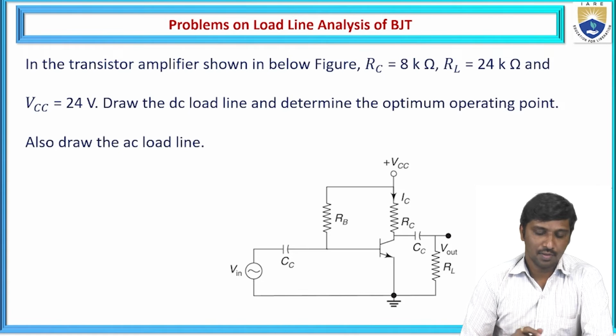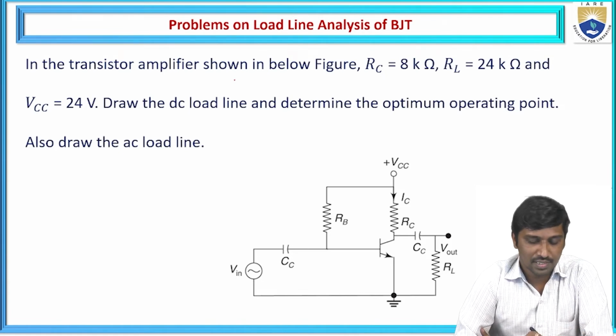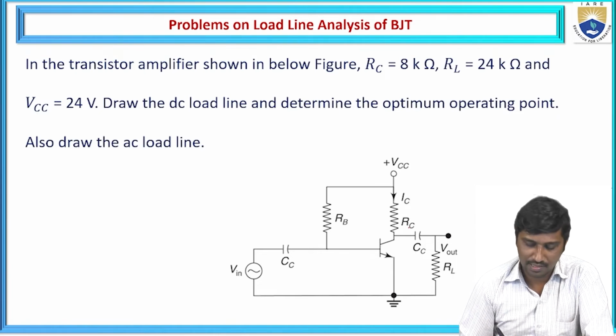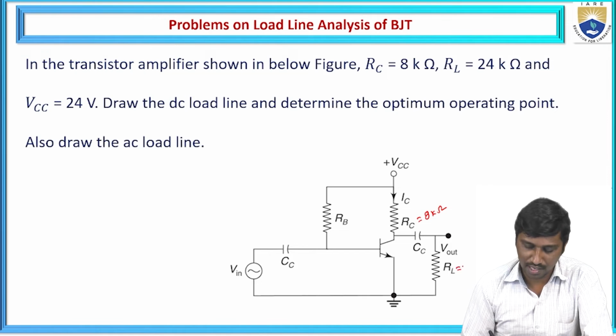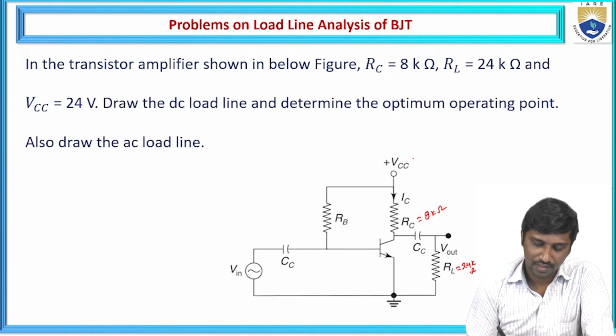Now see another problem. In the transistor amplifier shown in the figure, let RC be 8 kilo ohms, so this is RC, the collector resistance. The load resistance is 24 kilo ohms, so this is RL, and VCC is biased at 24 volts.